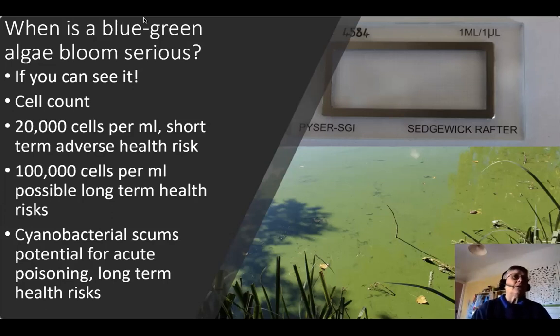They can affect the liver. So they are nasty things. And cyanobacterial scums have the potential for acute poisoning and very long-term health risks. So it is worth being aware, if you have a blue-green algae bloom on your lake or on your fishery, that you need to be a little cautious with it.